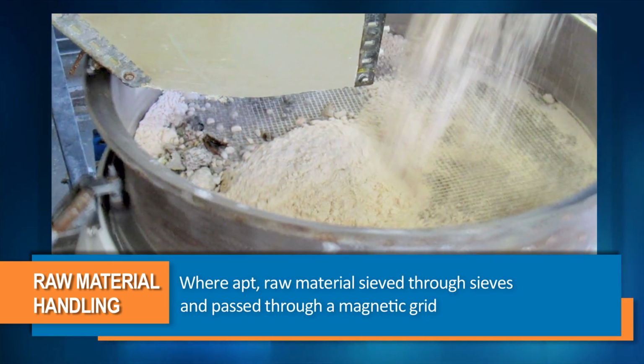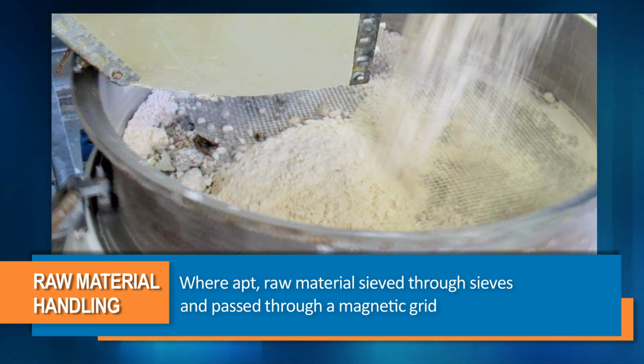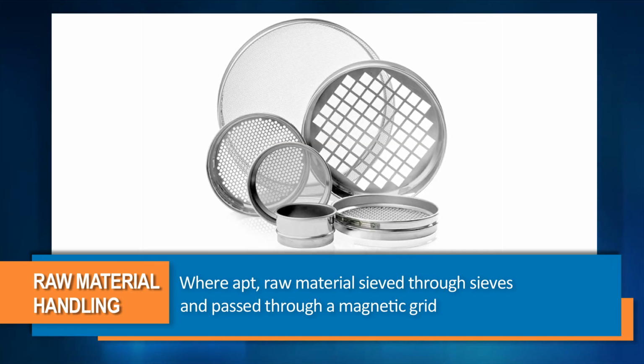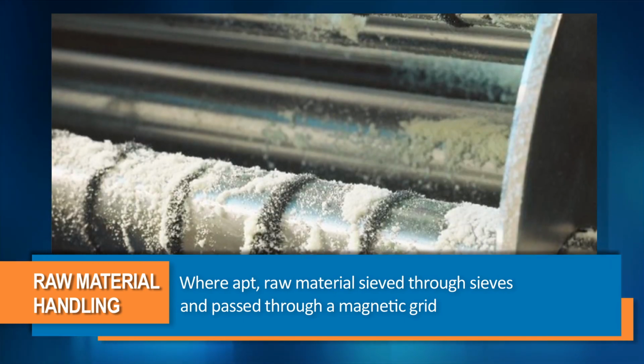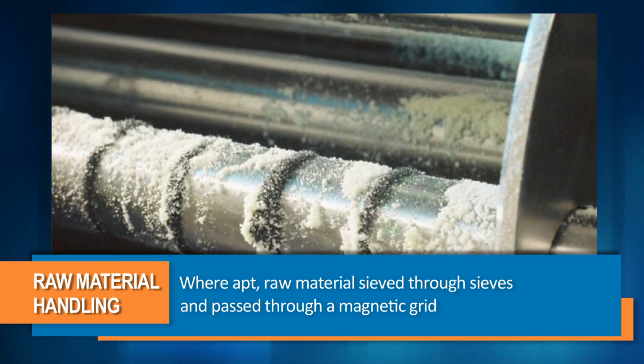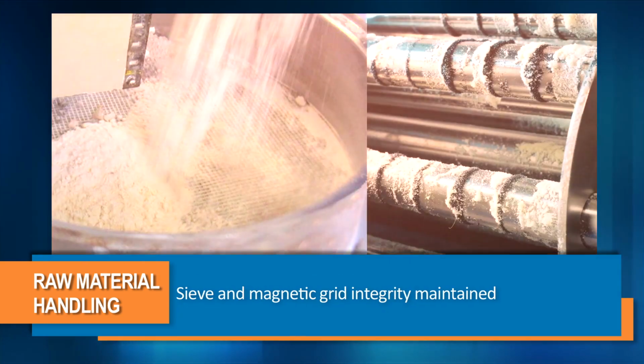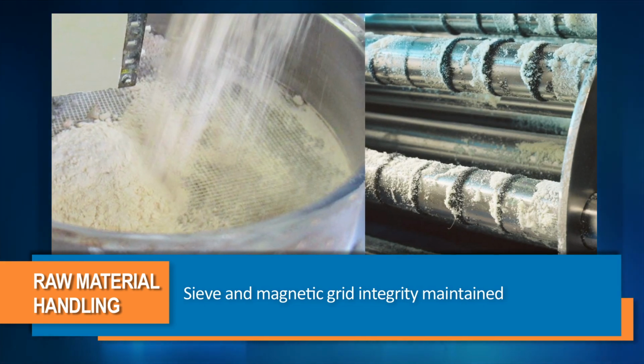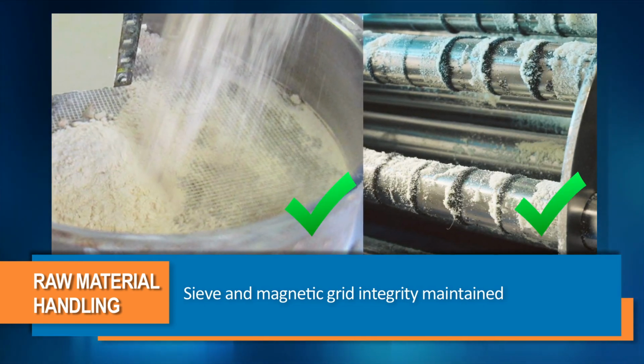Where appropriate, raw material should be sieved through appropriate size sieves and pass through a magnetic grid to avoid any foreign contamination. Sieve and magnetic grid integrity shall be maintained.